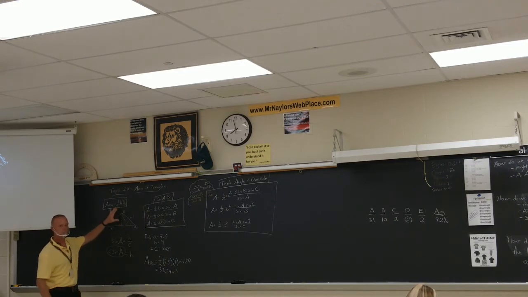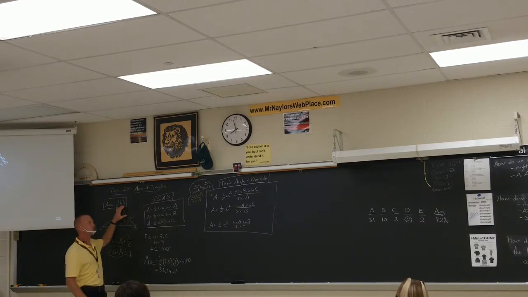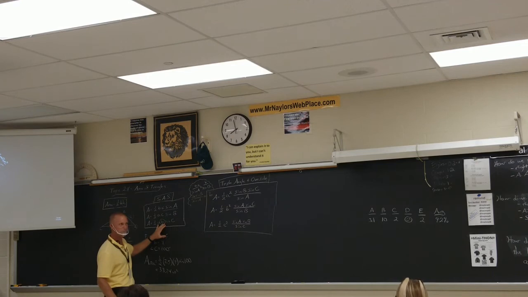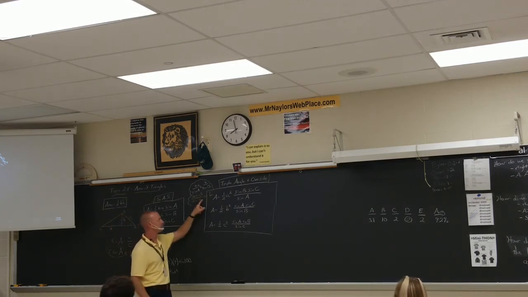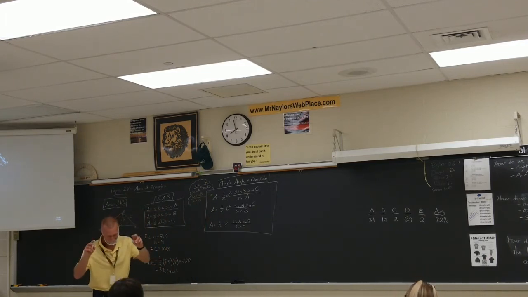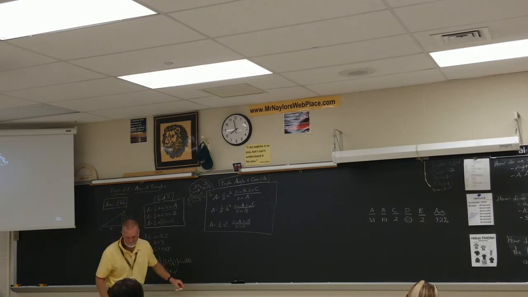What's going on here is we're finding 1/2 base times height, but we varied how we describe the height using some sines, and we did another substitution, and then we end up with this formula. Honestly, they're all the same, because they all come from the same parent formula.